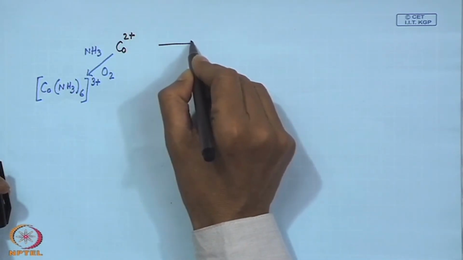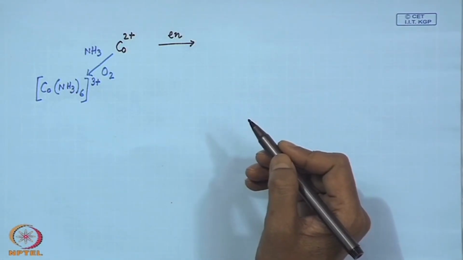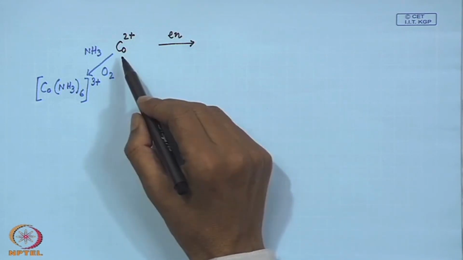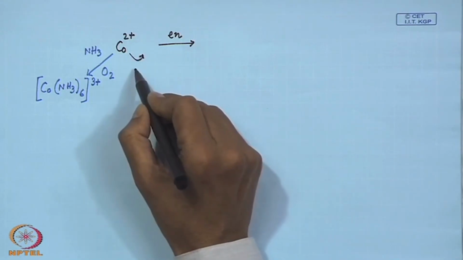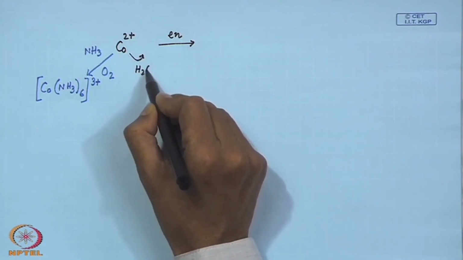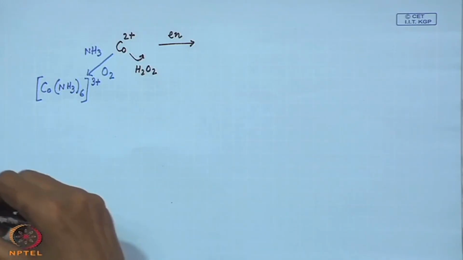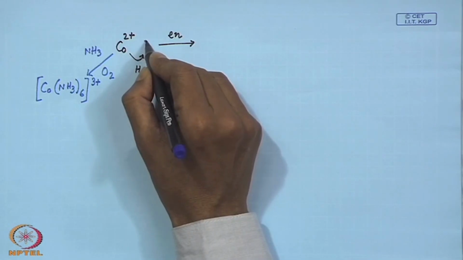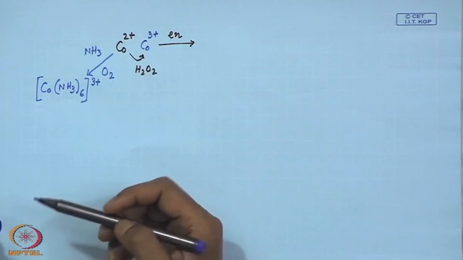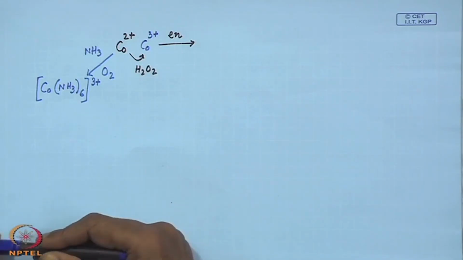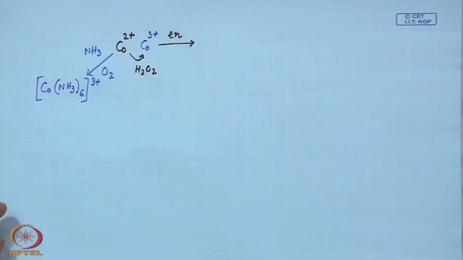Similarly, when we react ethylene diamine with cobalt 2, which is oxidized initially with say O2 or hydrogen peroxide, in solution we get cobalt 3 plus. We consider it the way we considered the reaction of cobalt 3 with ammonia giving rise to the hexaammine cobalt 3 compound.